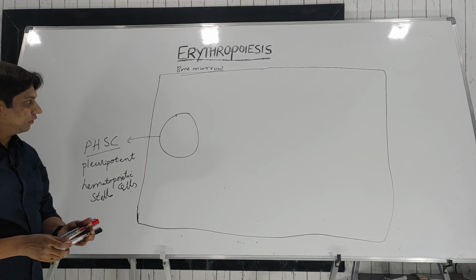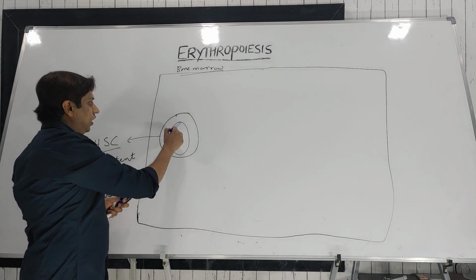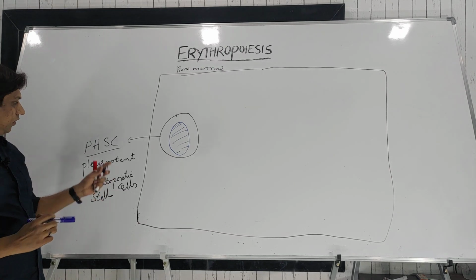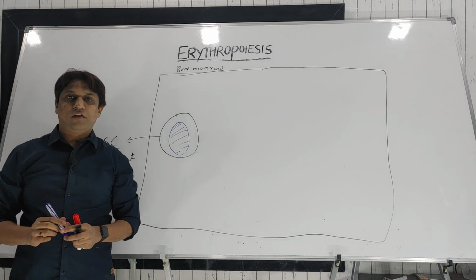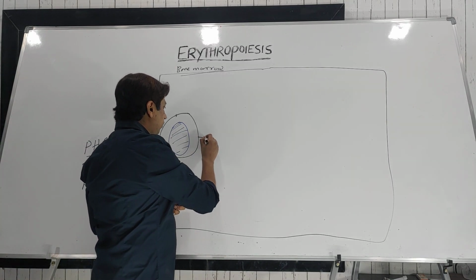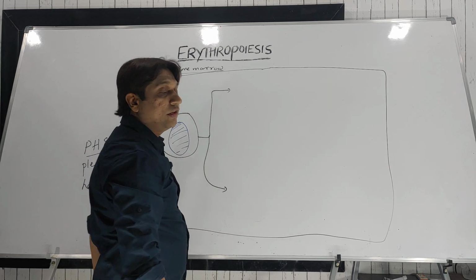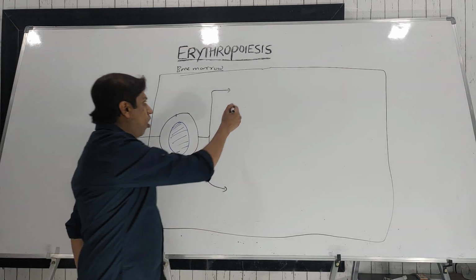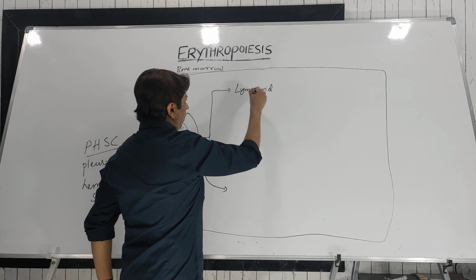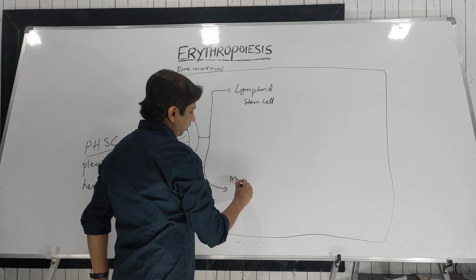This is a very immature cell, a stem cell having a large nucleus and big size, known as the pluripotent hematopoietic stem cell. From this pluripotent hematopoietic stem cell, two types of cell lineages will originate: one is the common lymphoid stem cell, and the other is the common myeloid stem cell.